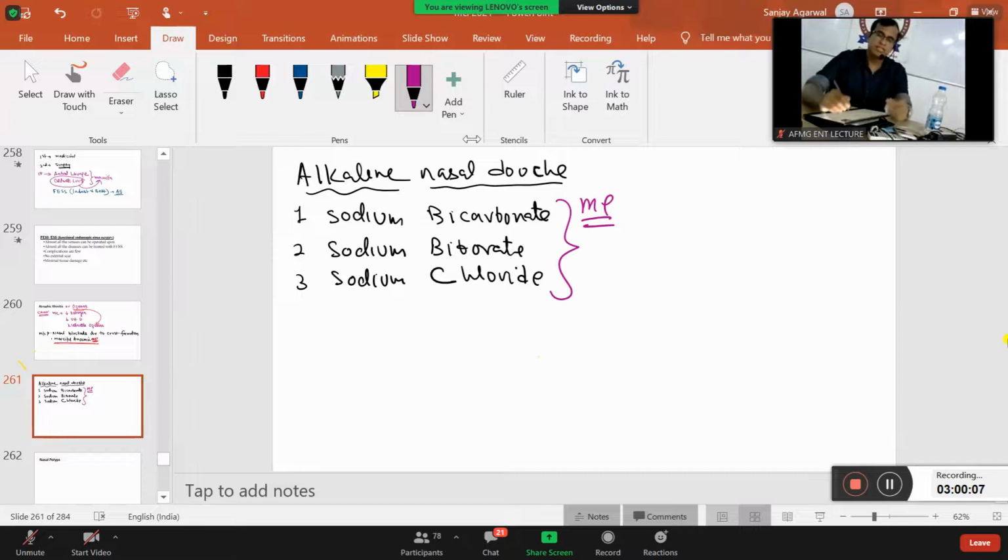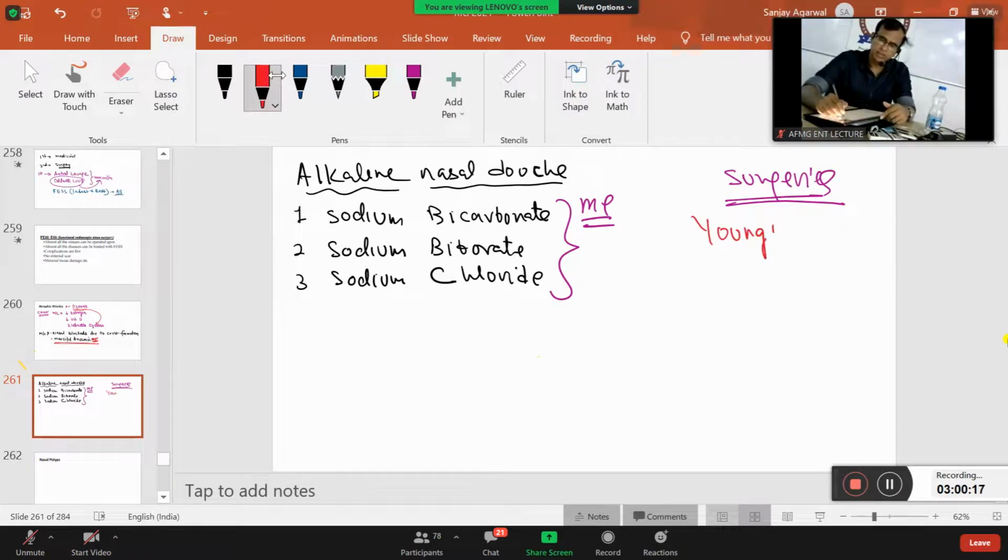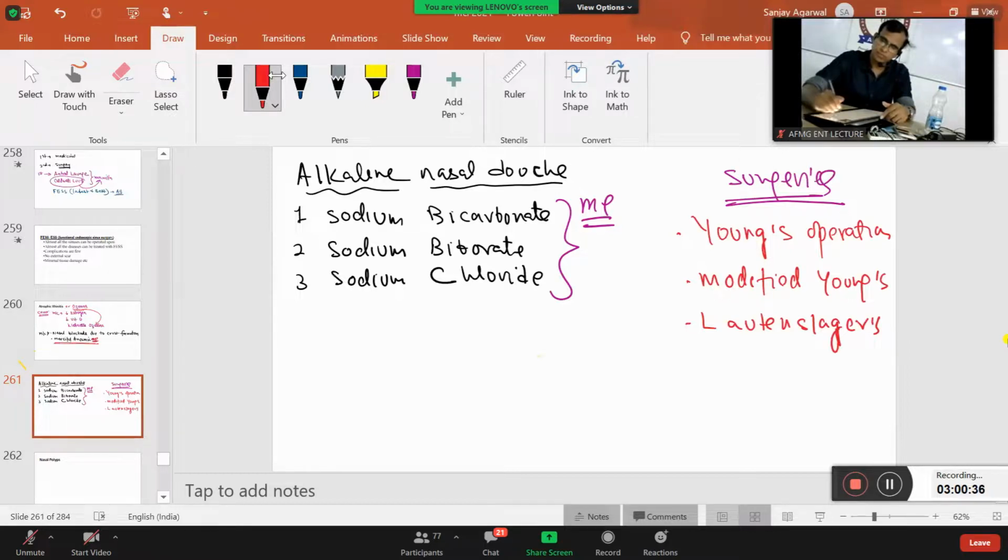And then you have surgeries also. What are the surgeries we do? One is called Young's operation, modified Young's operation, and Lautenschlager's surgery.